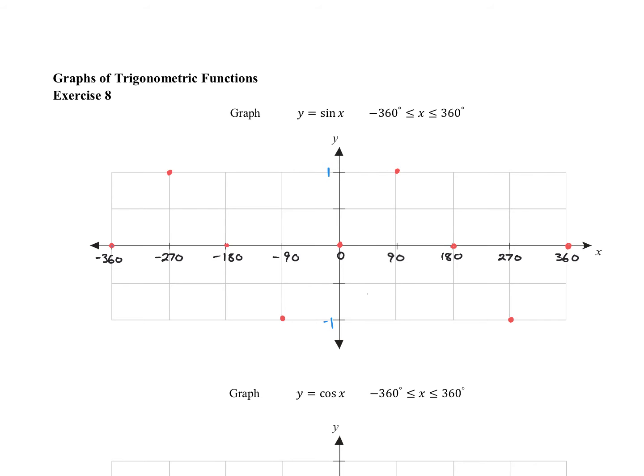So this gives you your basic shape, and it looks a bit parabolic in the way it comes up and comes down and then comes up again. If you want to see what it looks like a lot neater than what I can do, go to Desmos and put in y equals sine x, and you'll see that it continues on and on.